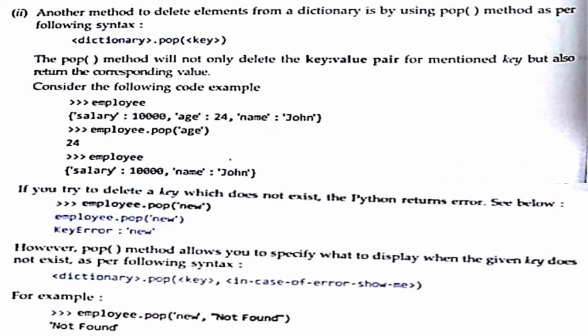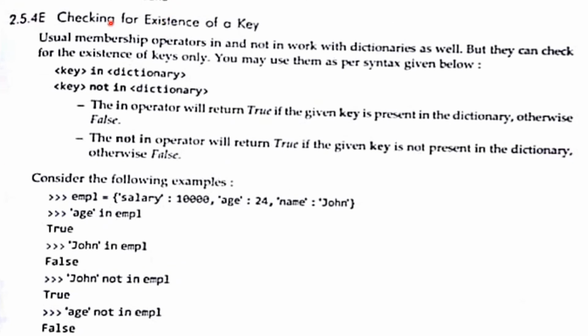Next is checking for the existence of a key. With the membership operators in and not in, we can check whether the key is available or not. The example is given here: employee 1 has salary, age and name keys, and we check age in employee 1, so it will return true because the key age is available in the dictionary.